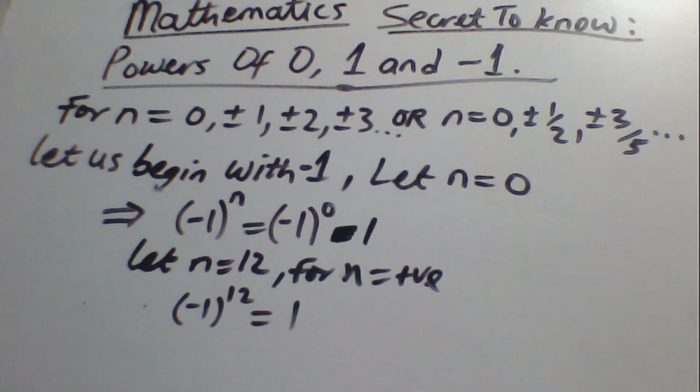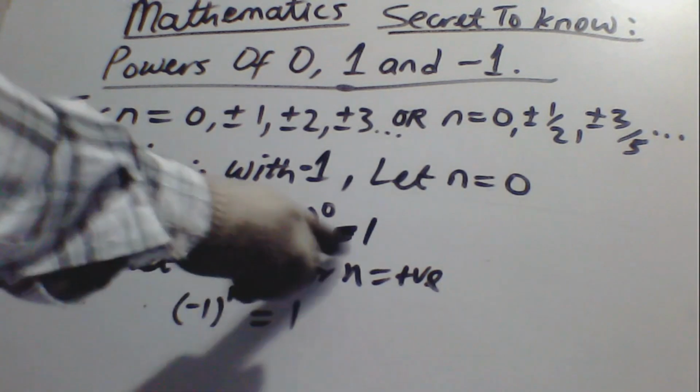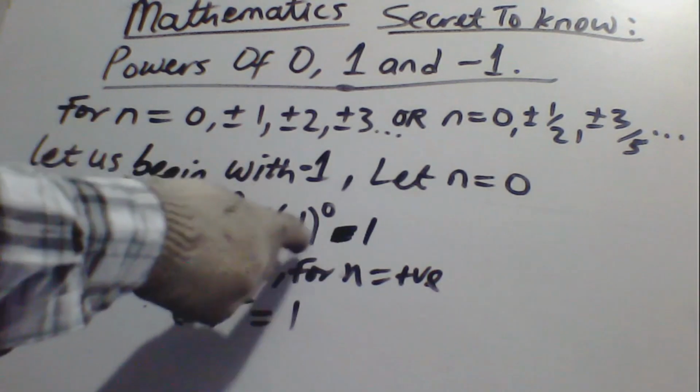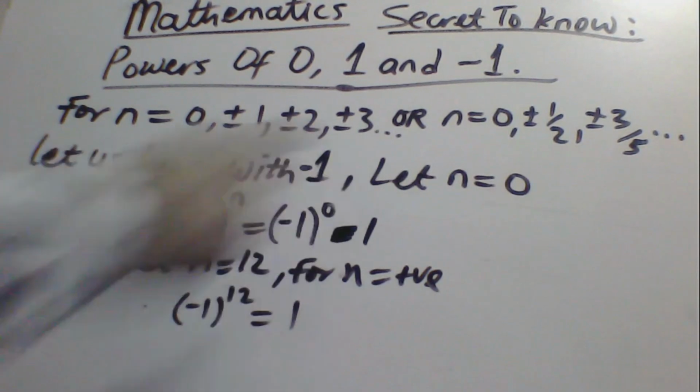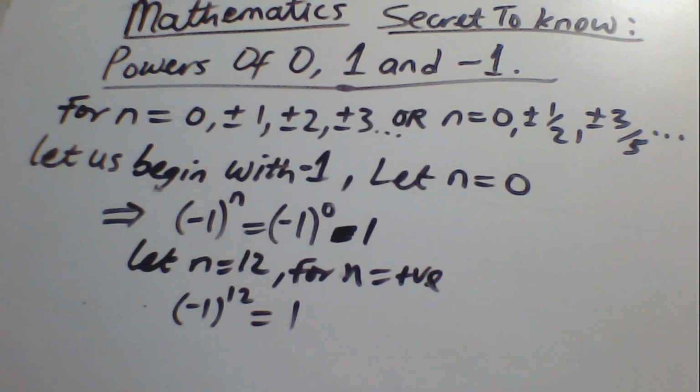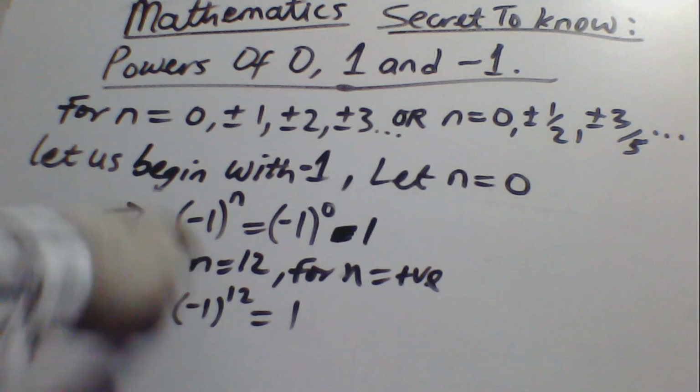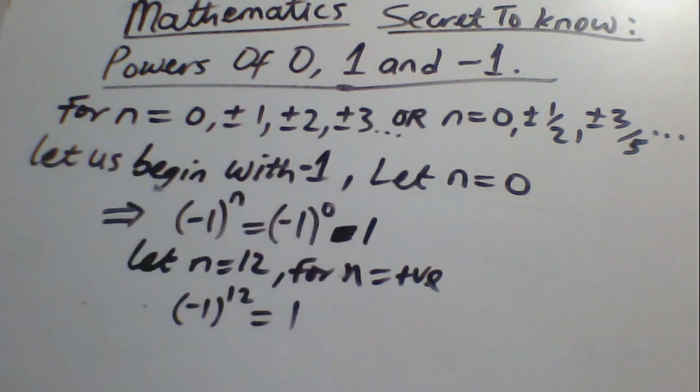See the secret? When minus 1 is raised to power 0, the result is equal to 1. And we have already said that when a number or variable is raised to a power of 0, positive or negative 0, the result is 1. So that is why the result here is 1.